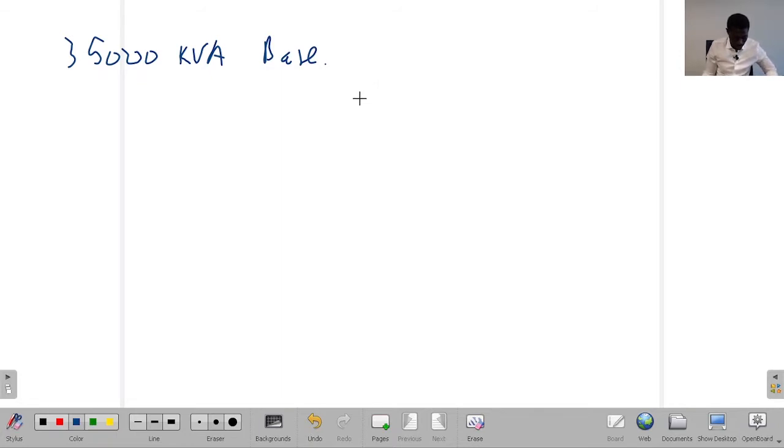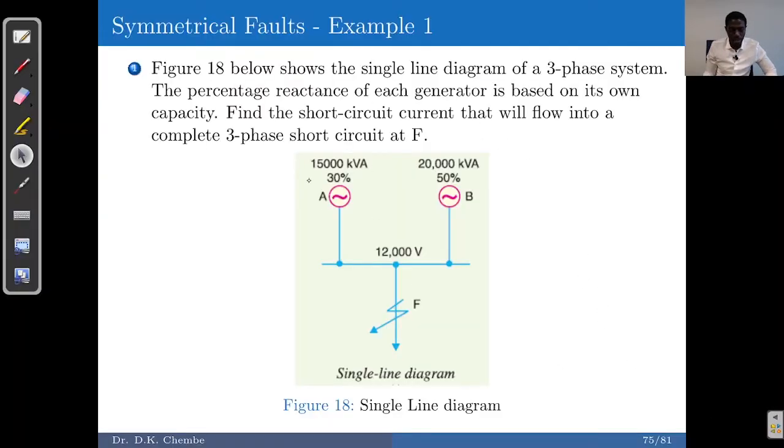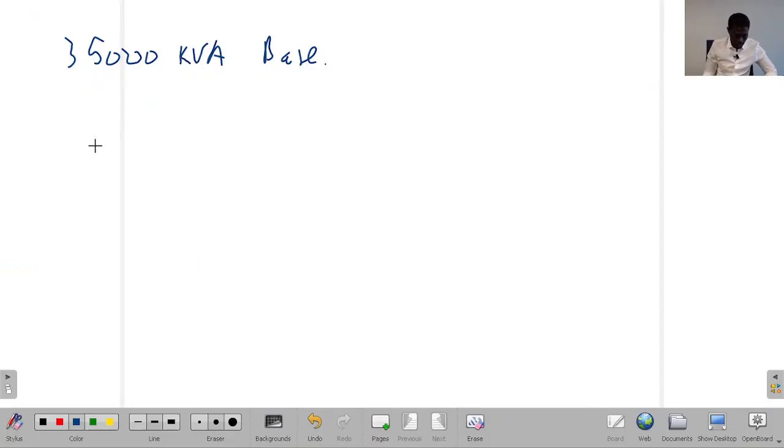For instance, in the generators or the alternators, we have the reactances provided as 30% and 50%. So we have to convert those reactances. So we take alternator A and alternator B and convert their reactances into the base reactance, and thereafter we calculate the line current in the 12 kilovolt line, and we go about it as follows.